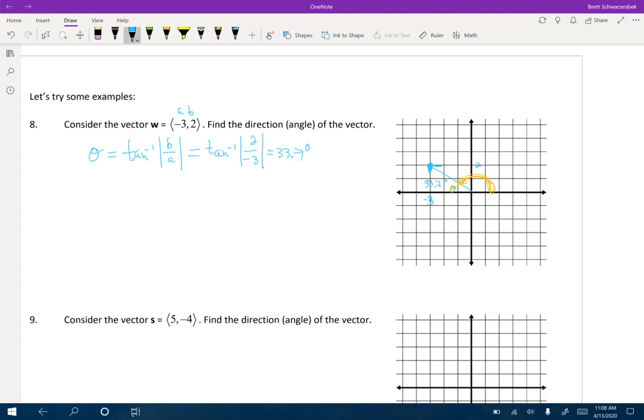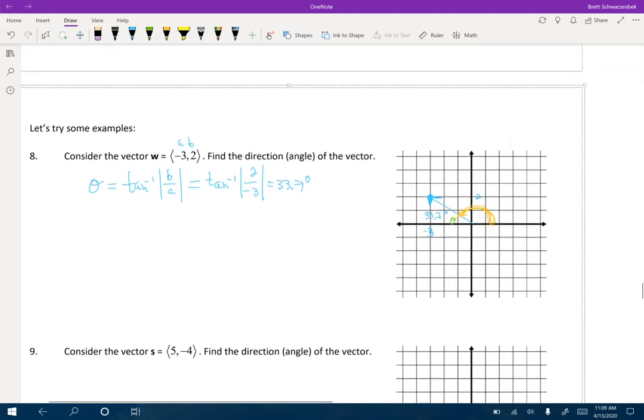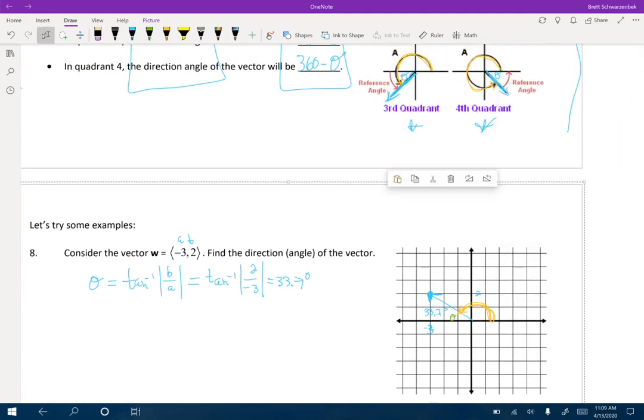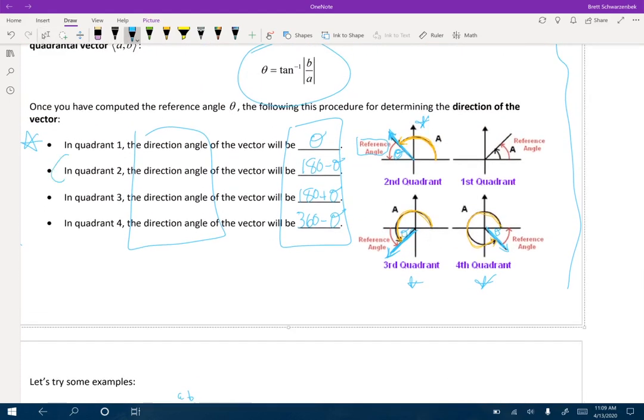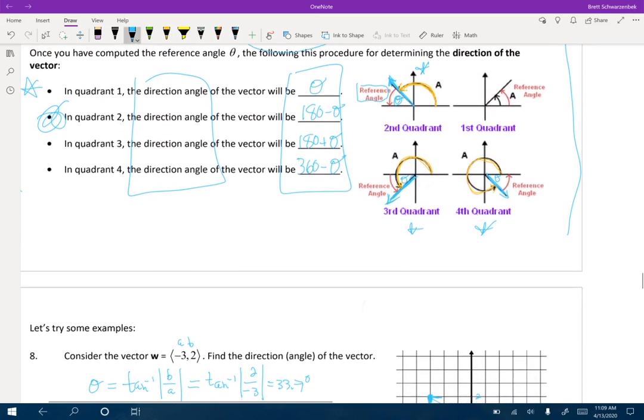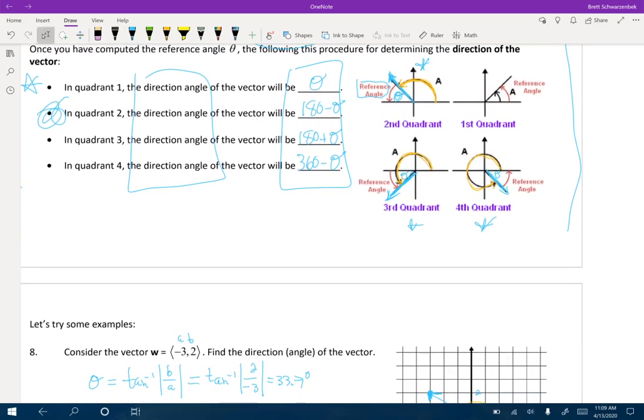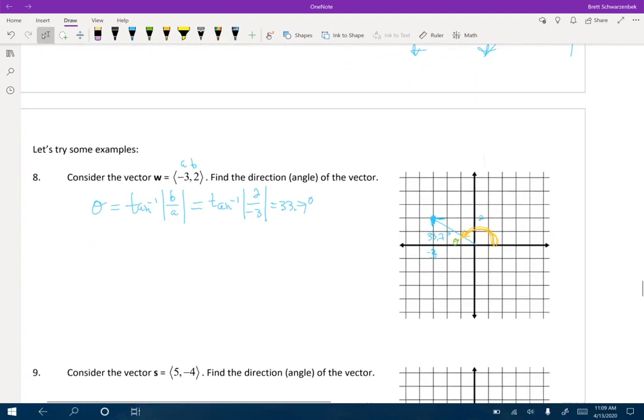If you recall, this is in quadrant 2, right? So if we look in quadrant 2, it says the direction angle is found by 180 minus theta. Now, could you memorize that? Absolutely. Do you need to memorize that? I don't think so.